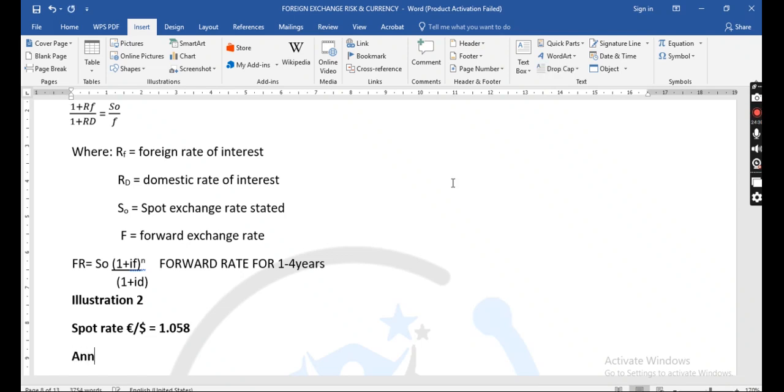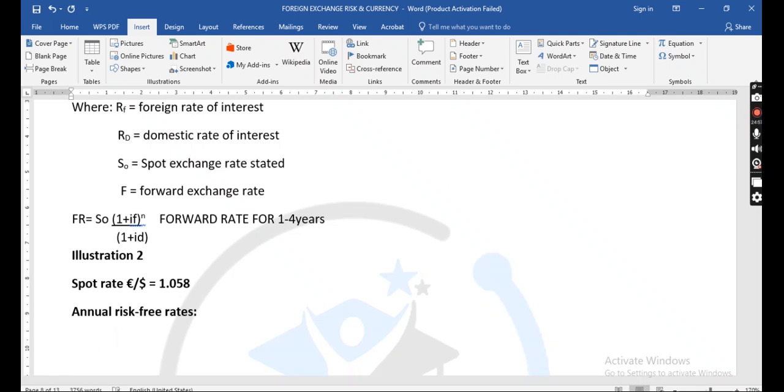The annual risk-free rates. What is another name for risk-free rates?